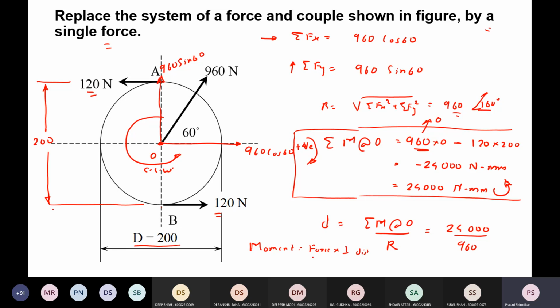Moment we already know, so we need to find this perpendicular distance. The 200 distance is for the couple. Now we are going to replace these forces, the 120 Newton force and 960 Newton force, with a single force.